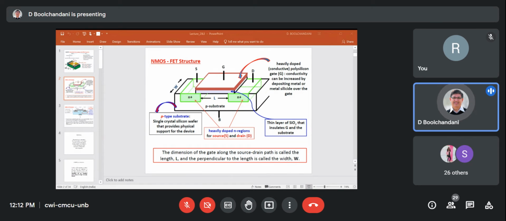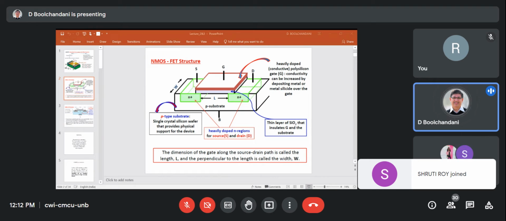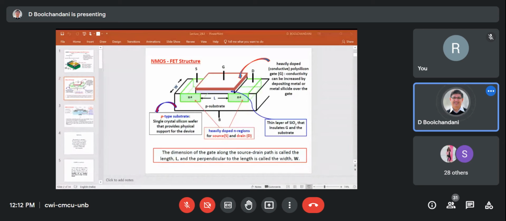The P-type substrate is a single crystal silicon wafer that provides physical support for the device. Then you have heavily doped N regions for source and drain. This is source and drain. And a thin layer of silicon dioxide insulates the gate and substrate.